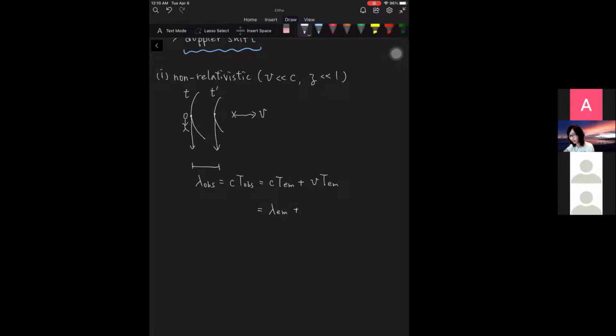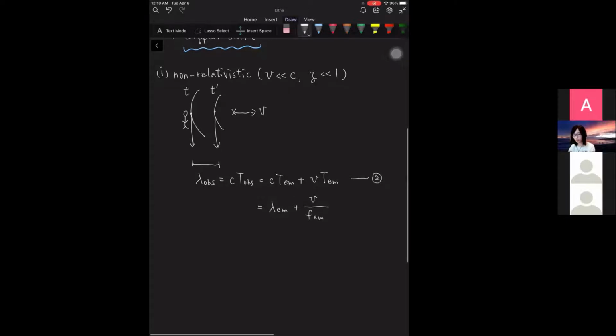So we can rewrite this as v over the emitted frequency. Okay. So this is the equation from Doppler shift, if a source is moving away from us.